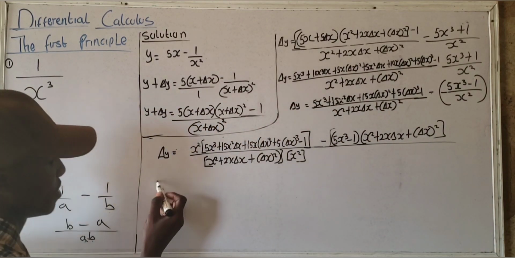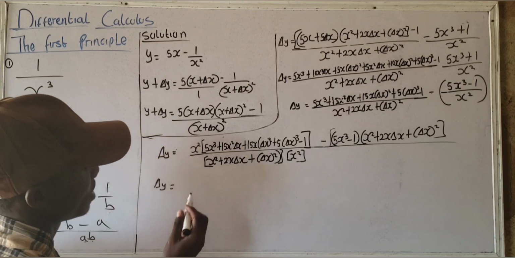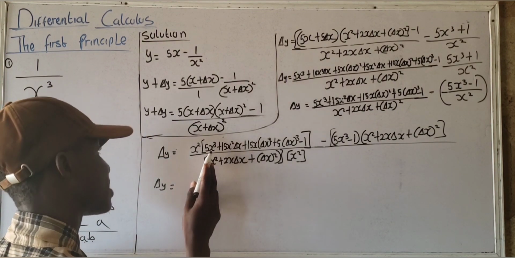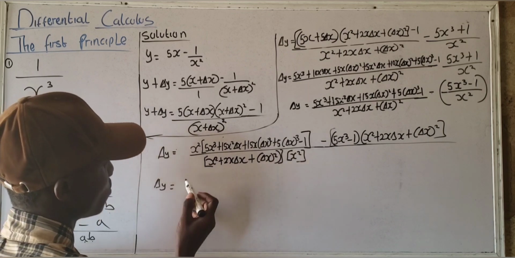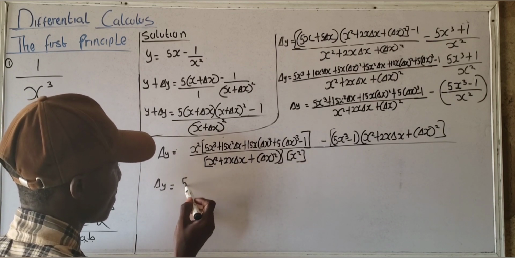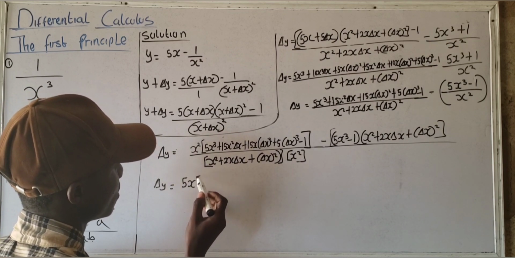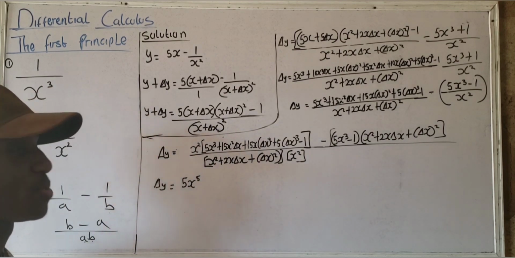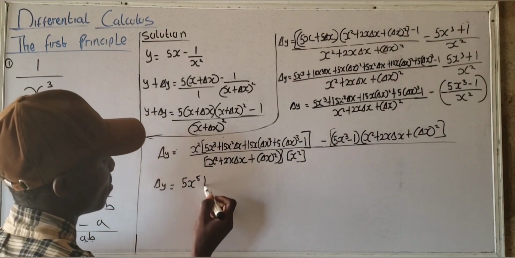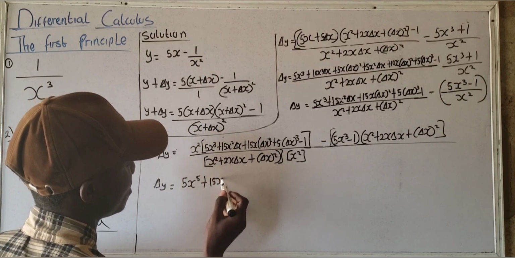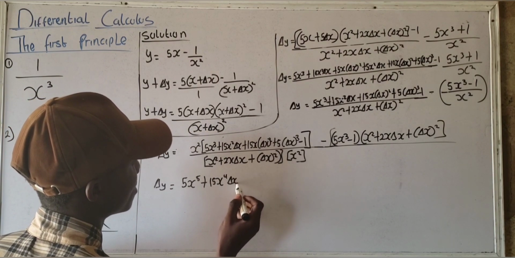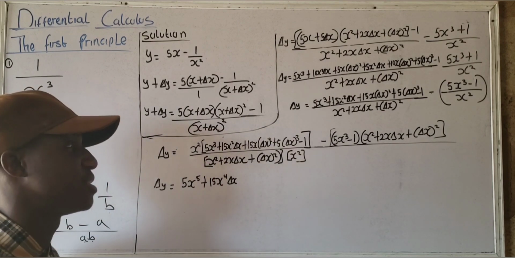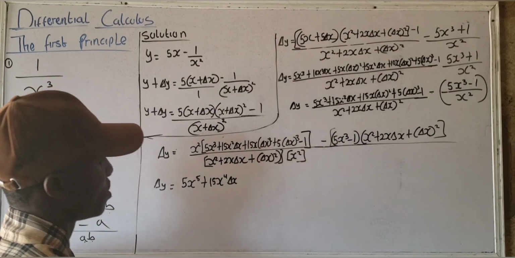For this, I'm going to have delta y is equals to, now open the bracket, x raised to the power of 2 times 5x raised to the power of 3. That is what? 5x raised to the power of 5. X raised to the power of 2 times positive 15x raised to the power of 2, that is what? Plus 15x raised to the power of 4 delta x. X raised to the power of 2 times 15x delta x squared, that is what?